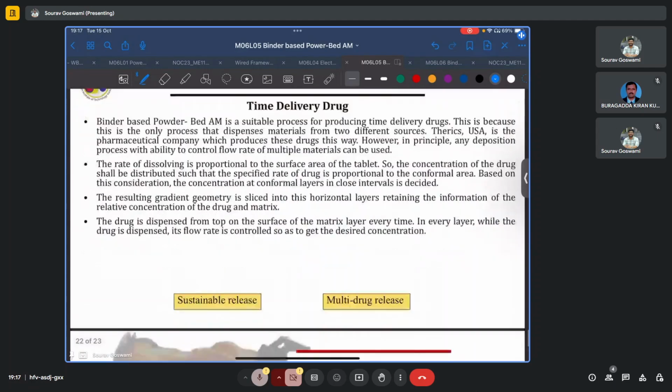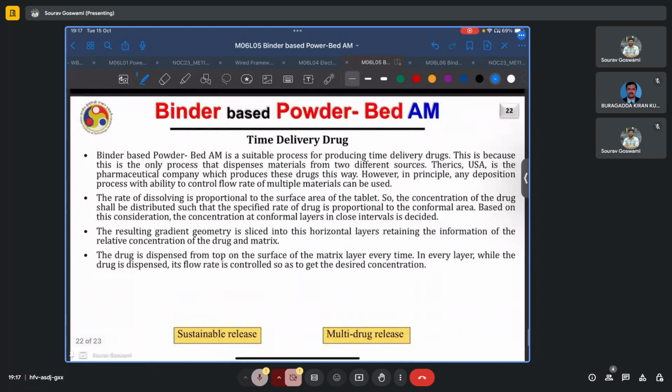Now, a very interesting and perhaps very important application of this binder-based powder bed AM process is something called the time delivery drug. So, binder-based powder bed AM is a suitable process for producing time delivery drugs, and this is because this is the only process which dispenses materials from two different sources. As we discussed, 30 to 50% material can be dispensed from binder, and 50 to 70% material is contained in the powder bed.